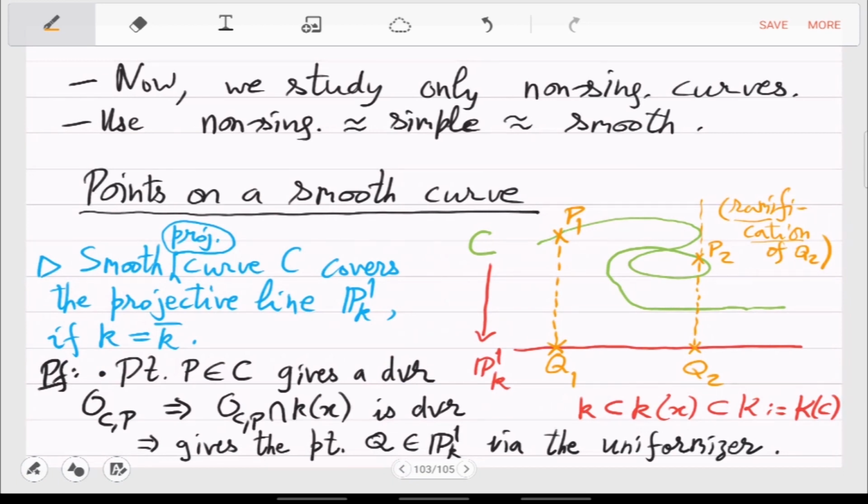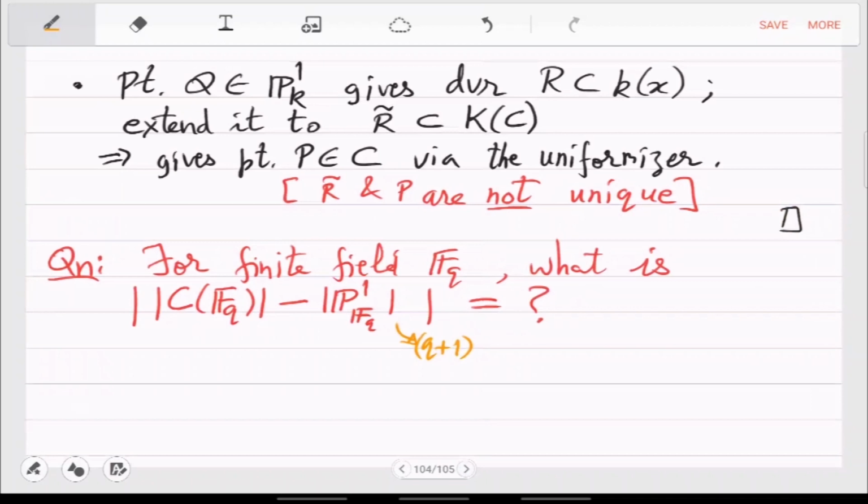So it seems that the curve may have 2 times Q or 3 times Q or 100 times Q many points, but we'll actually show that that's not true. It has almost as many points as the line. Right, so that's a very surprising thing, and very difficult to actually conjecture.